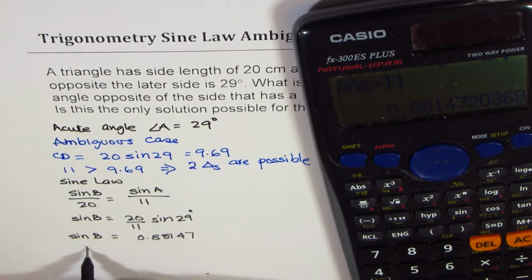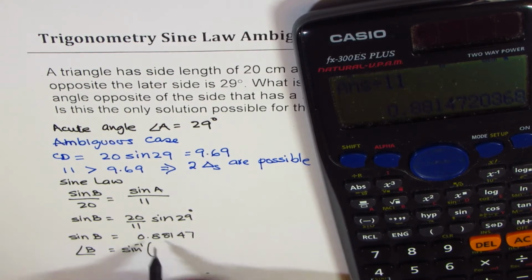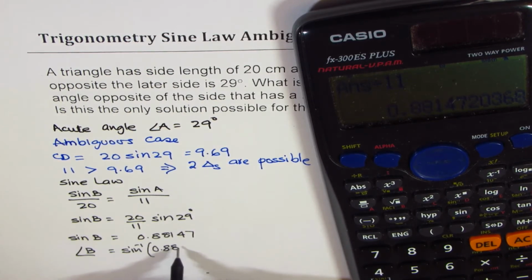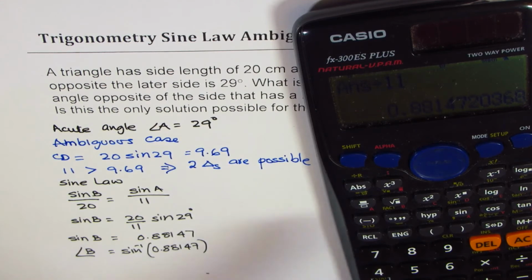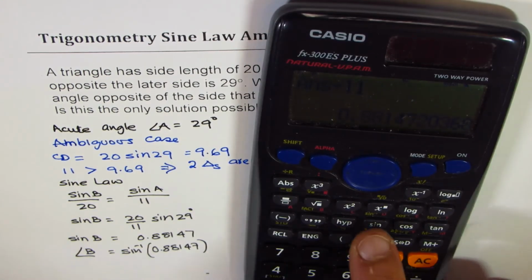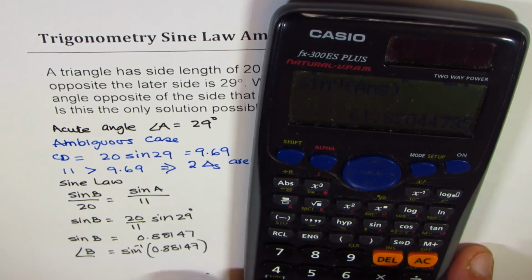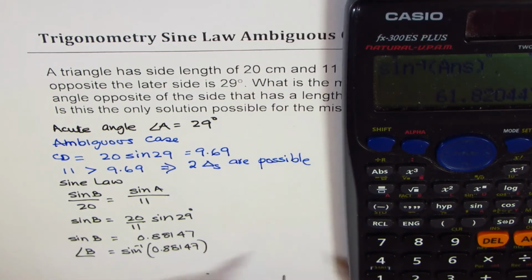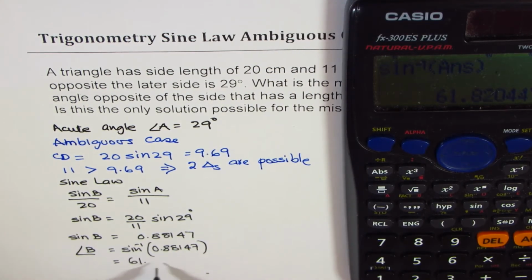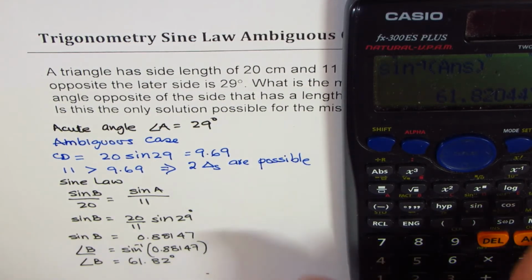So we can find what angle B is, which is sine inverse of all this. We do shift sine inverse of our answer, and that is 61.82. So we get angle B as 61.82 degrees.